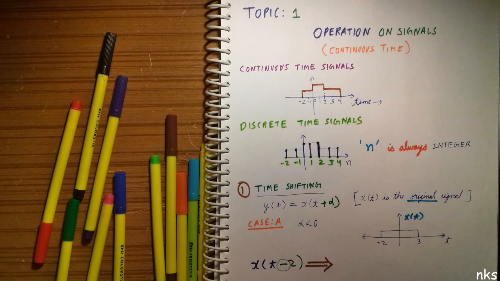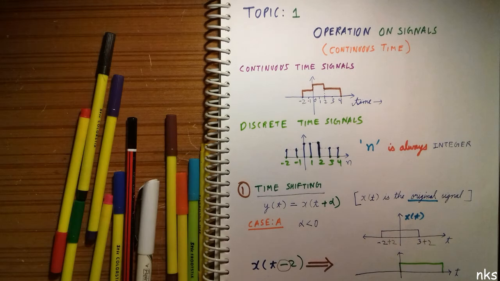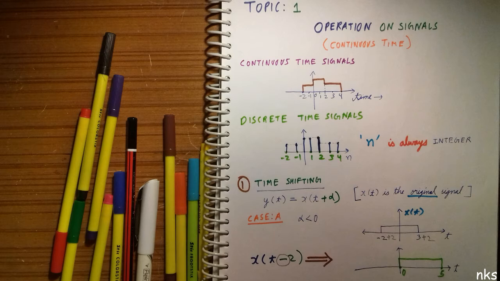We will add plus 2 on every point in the time axis as shown on the screen. That is, minus 2 plus 2, 3 plus 2. So what we get, the final points, 3 plus 2 is 5 and minus 2 plus 2 is 0, as shown on the screen. So this is the time shifting when alpha is less than 0, and this is called time delay.